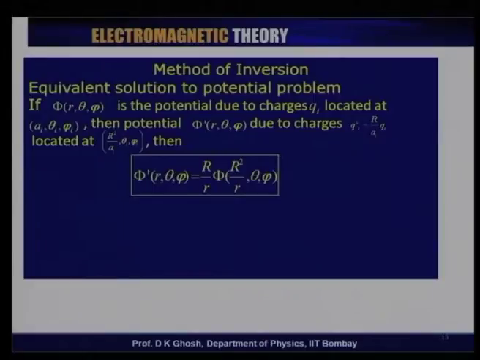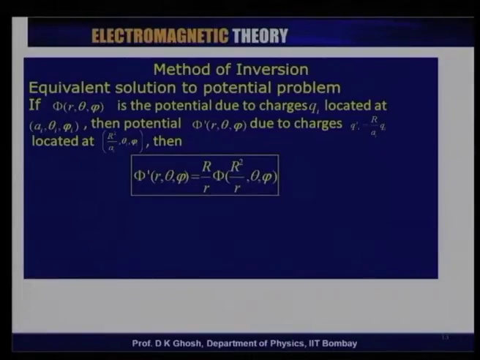What we can observe, which I will show in a moment, is that if phi of r theta phi is the potential due to the charge q, or a series of charges q i located at the points a i theta i phi i, then the potential due to the charges q i prime equal to r by a q i, located at r square by a, which is the inverse point, the image point, theta phi, are the same.